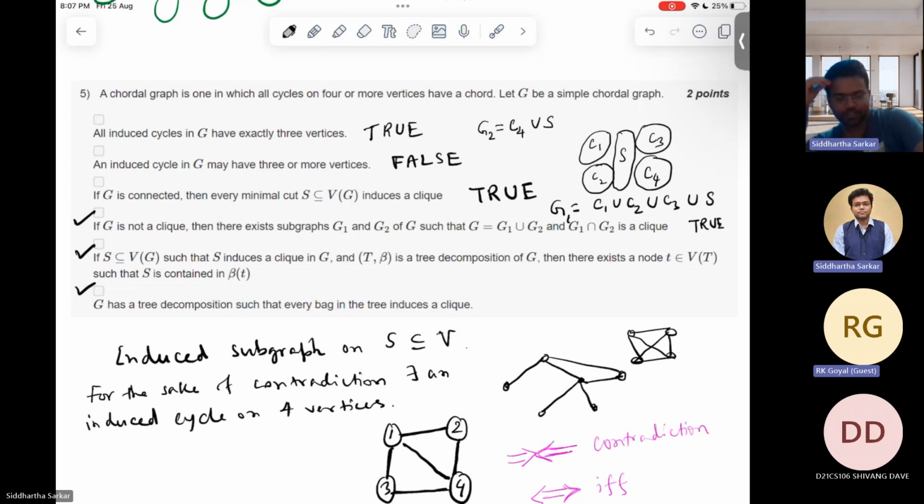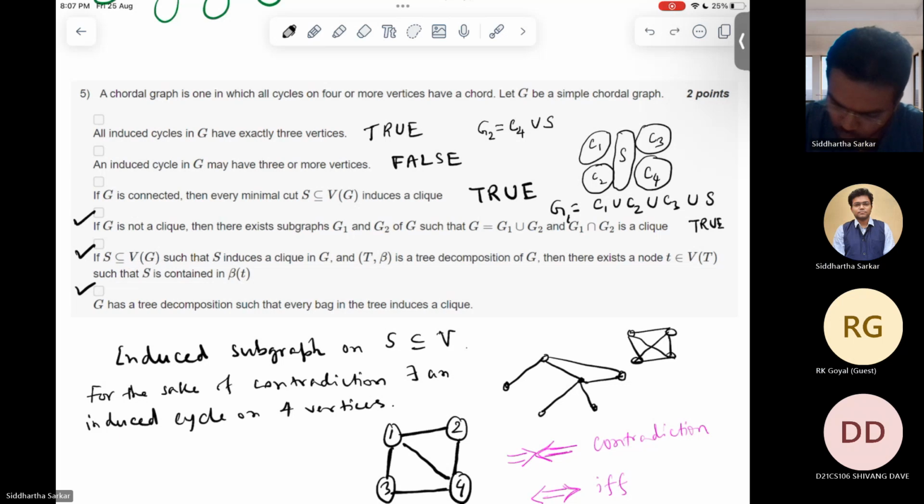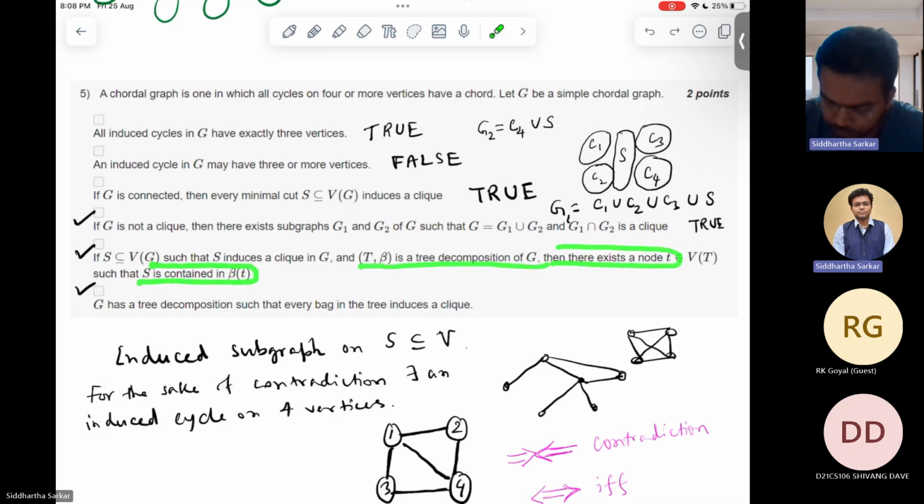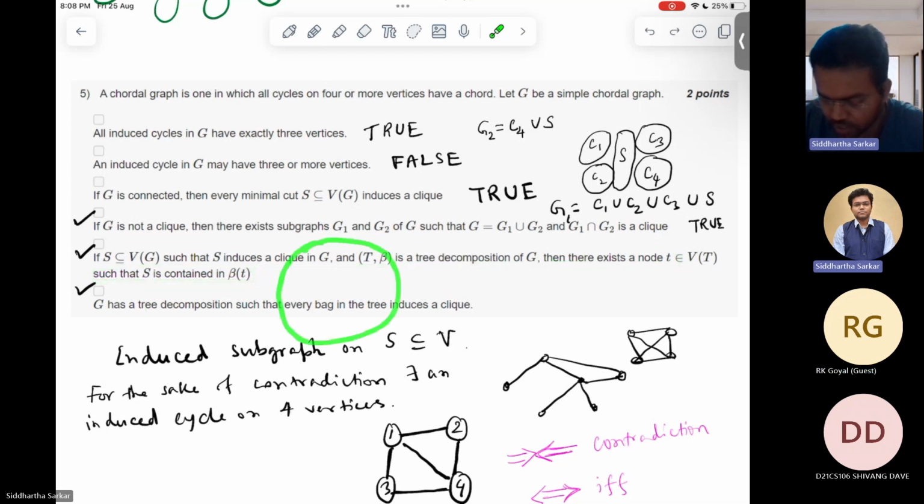S is a subset and it induces a clique, and T, β is a tree decomposition of G. Then one of the nodes will contain all the vertices of S, because for a clique, we have seen that one of the bags must contain all the vertices of the clique.